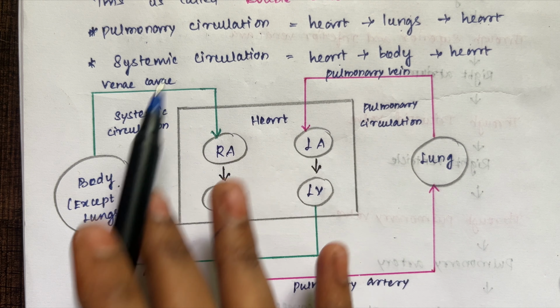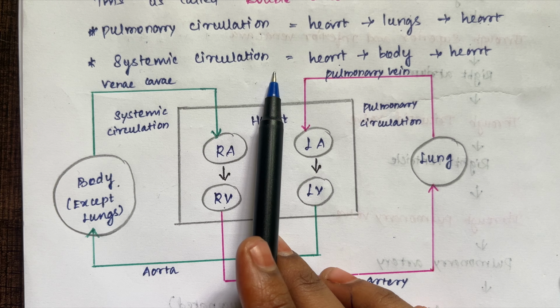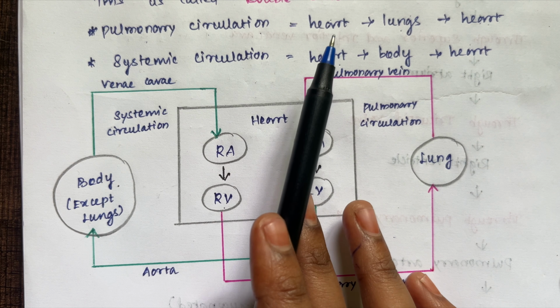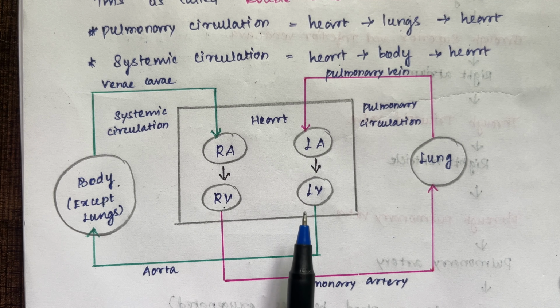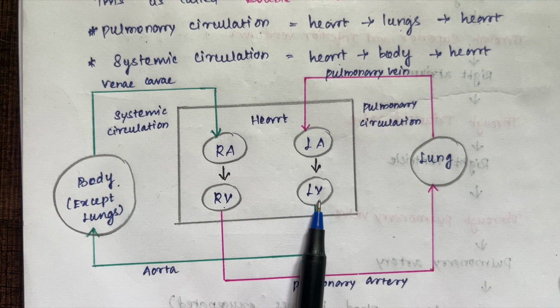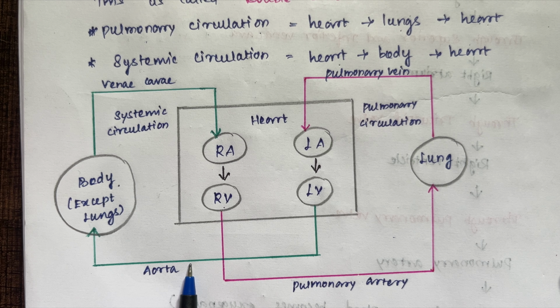Now that the blood has oxygen, it is ready to be supplied to the entire body, and that happens through the second loop, known as systemic circulation. The oxygenated blood moves from the left atrium into the left ventricle. The left ventricle gives a strong pump and sends this oxygen-rich blood to the aorta, the largest artery in the body.